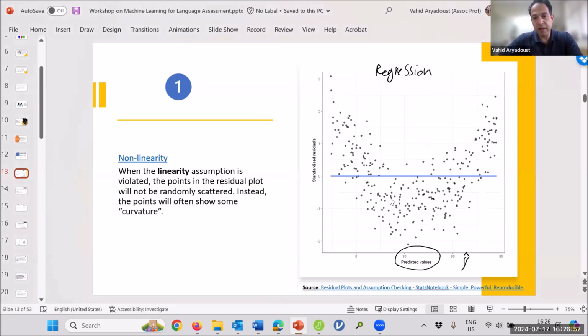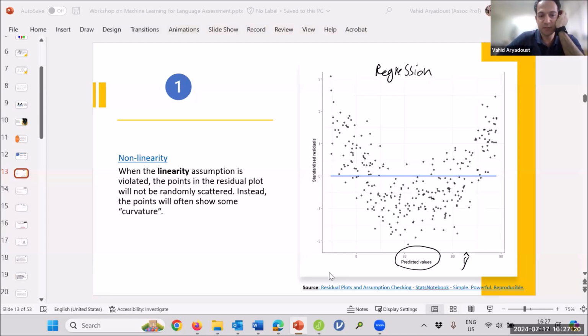So predicted values are y hats. Okay? And we plot them against standardized residuals. Do you remember how we calculate residuals? How do we calculate residuals? Very good, that's also correct.